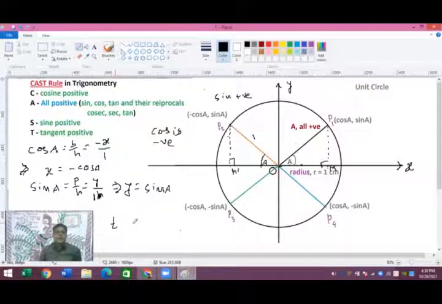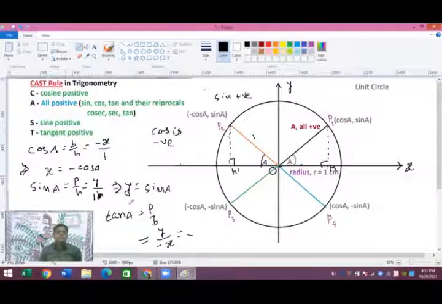If you talk about tan A in the second quadrant I am talking of, tan A means it is sine A by cos A, or you may do it this way also in order to find tan. You can just write tan A equals P by B, and P in this case is Y, but B in this case is negative X, so you can write here minus X and take this minus sign out.